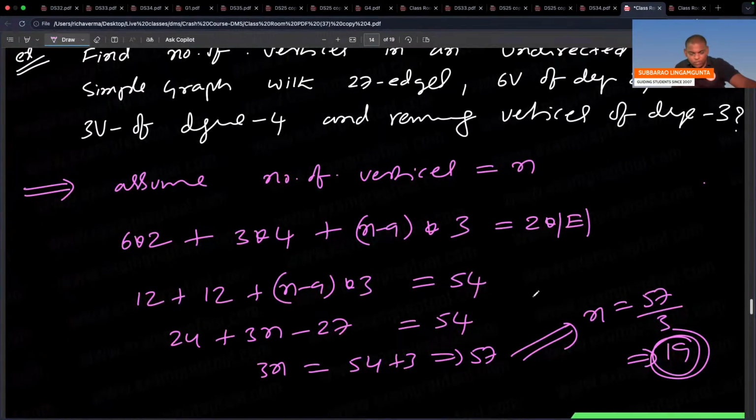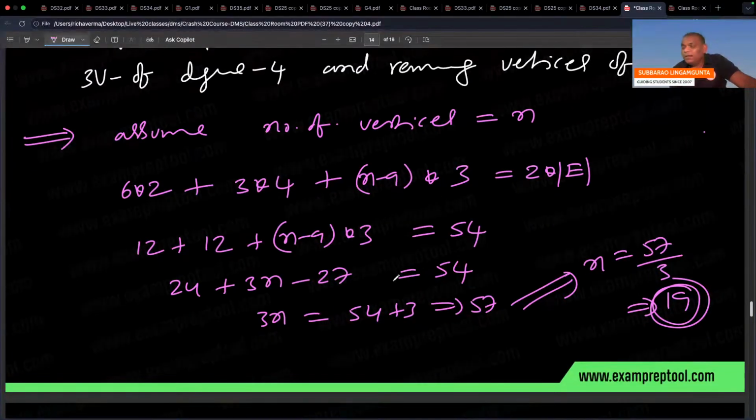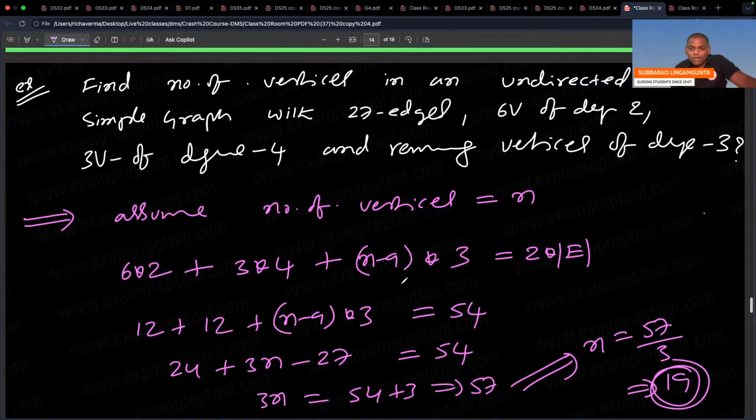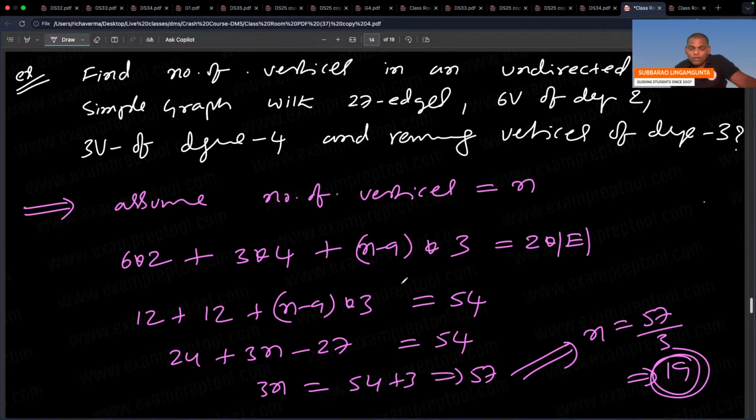Don't link this one and binary tree. Please don't link. I request everyone, please have some decency. Don't link wherever you want, like people used to link. People are linking even the Prime Minister.